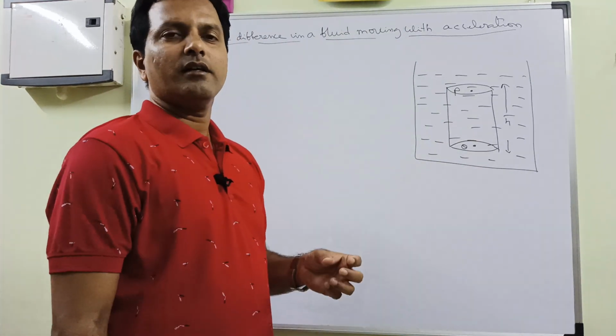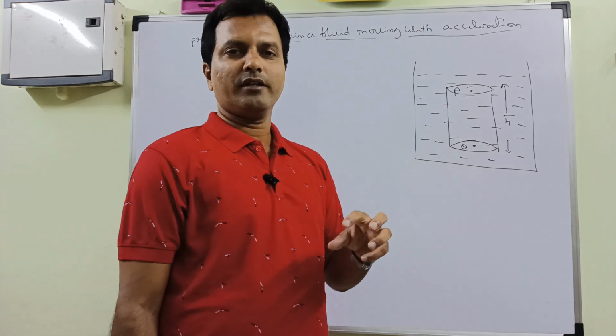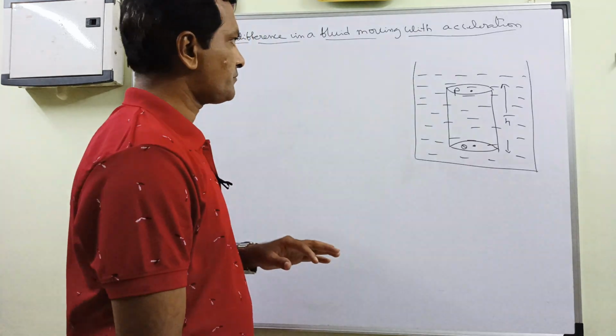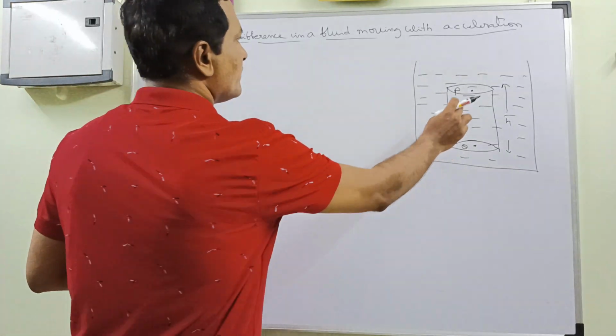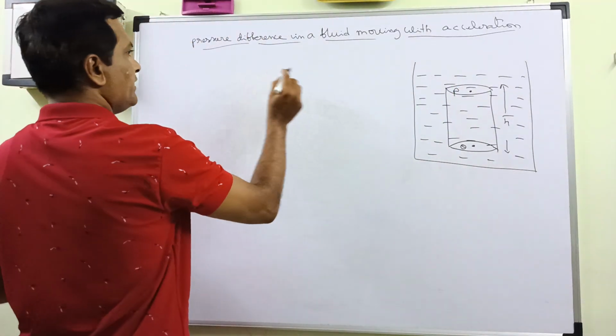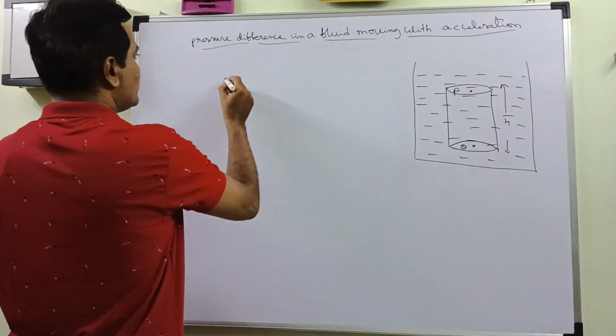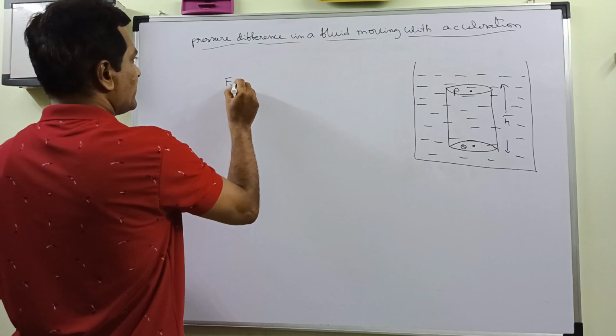You know the motion of a fluid in fluid mechanics is very important. So here, first the force on the point P. What is the force acting at the point P?